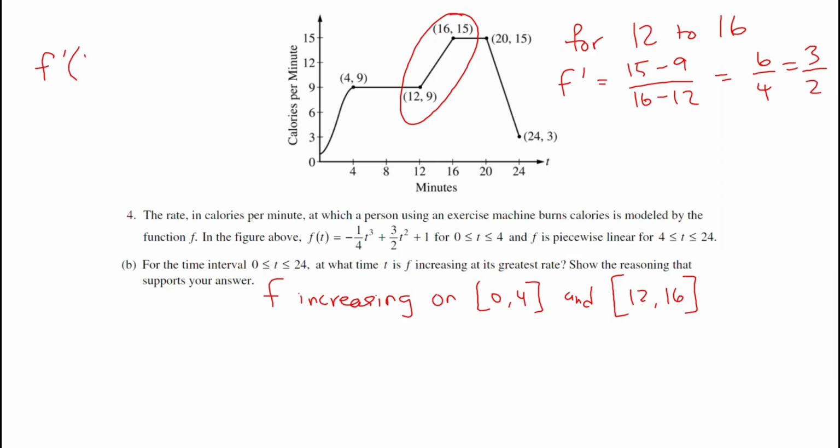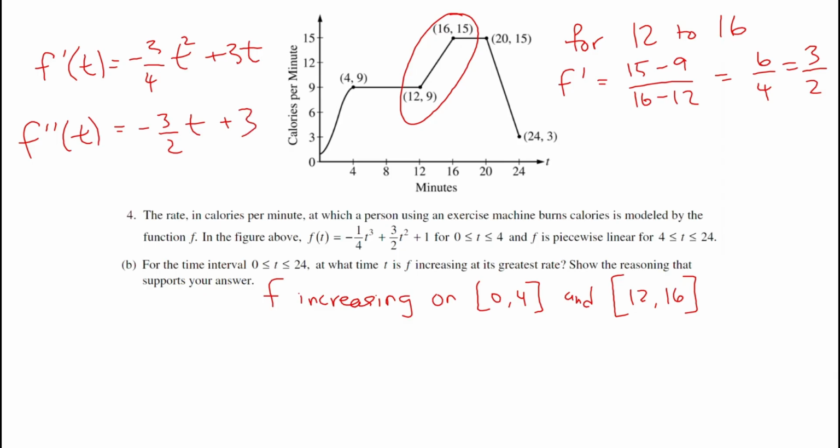So f prime of t is going to be negative 3/4 t squared plus 3t. And then in order to find our second derivative, to find the maximum, we'll just do the power rule again. The derivative of negative 3/4 t squared should be negative 3/2 t plus 3.